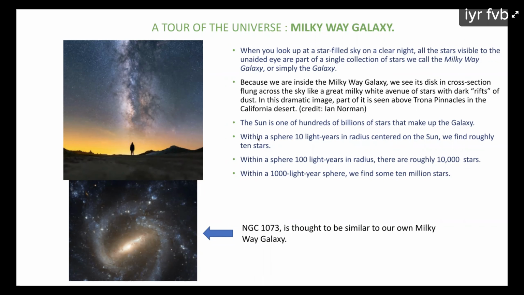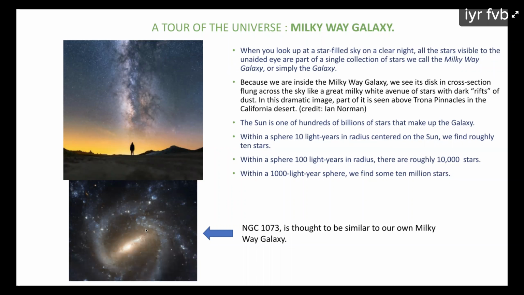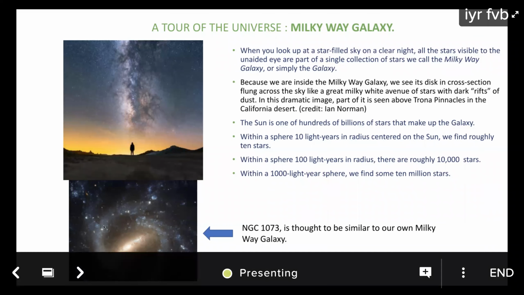However, we cannot see the complete shape of our galaxy because we are inside the galaxy, right? When you are inside something, you cannot get a complete idea about the shape of that particular object. However, in this image in the lower left-hand corner, this is a galaxy named NGC 1073, which is again a spiral galaxy with clear spiral arms, as you see here.